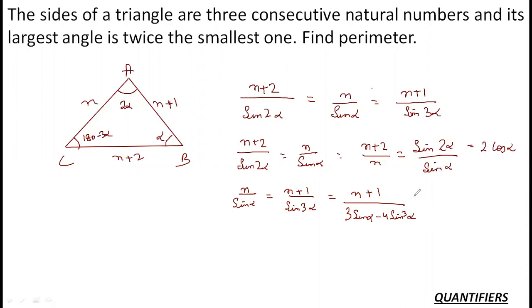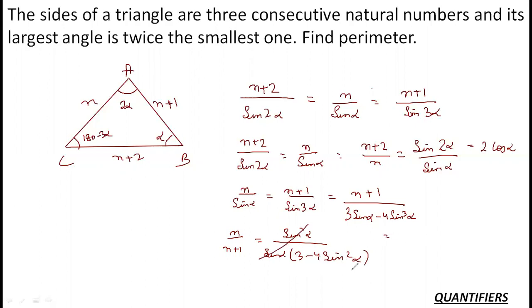If I take sine alpha common, it will be nothing but n upon n plus 1 is equal to sine alpha upon sine alpha taken common from the denominator, 3 minus 4 sine square alpha, right? So this gets cancelled out.